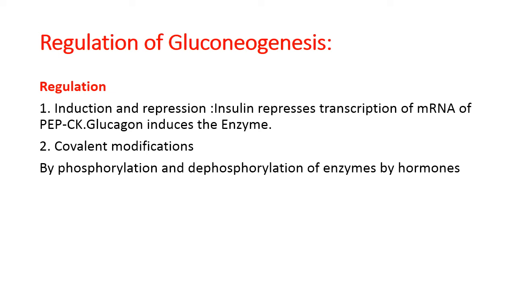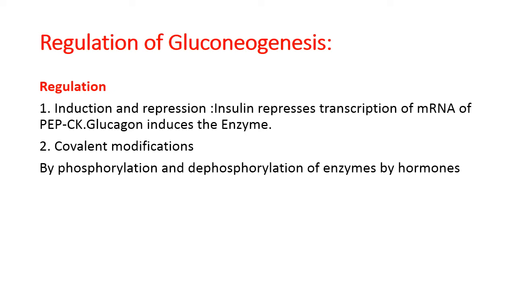The short-term regulation can be done by covalent modification, via phosphorylation and dephosphorylation. Now, glucagon, via activation of cyclic AMP dependent protein kinase, will stimulate the conversion of the enzyme pyruvate kinase to its inactive form, and this decreases the conversion of phosphoenolpyruvate to pyruvate, which has the effect of diverting phosphoenolpyruvate to the synthesis of glucose.